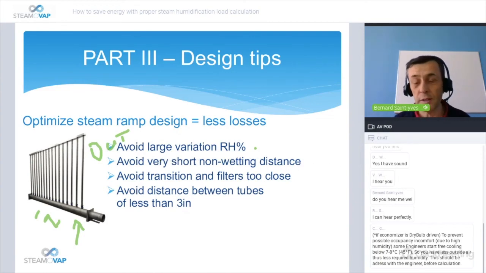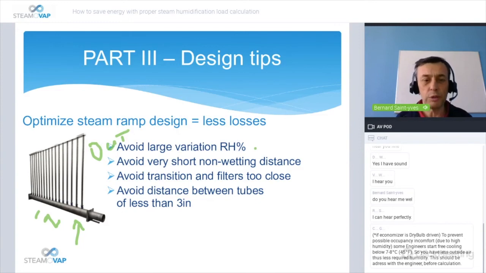Avoid very short non-wetting distance. Avoid transition or filter, because then the filter will act as the catcher, and all the humidity will condense onto the filter.